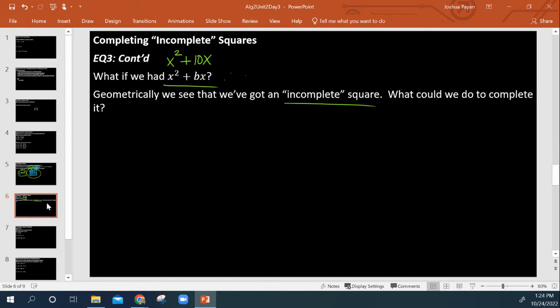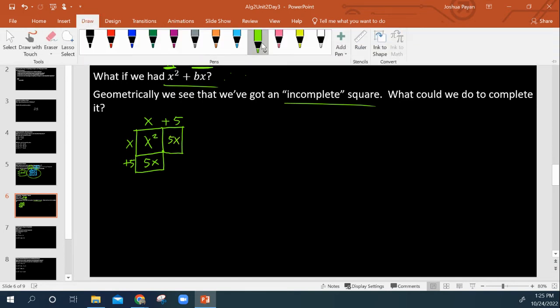So if I do like what I did here, we're going to see that we have a piece missing. Let's start with the x square, whose two dimensions are both x. Its area, therefore, is x squared. And then I'm going to split the 10x in half so that this piece is 5, this piece is 5, and we see that we're going to have 5x for our area on both of these rectangles.